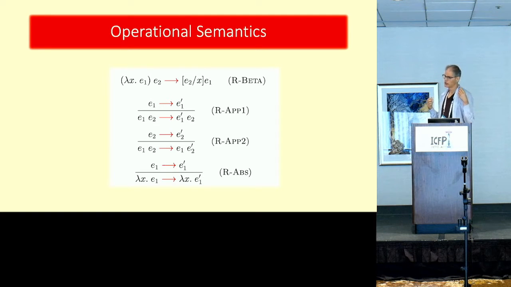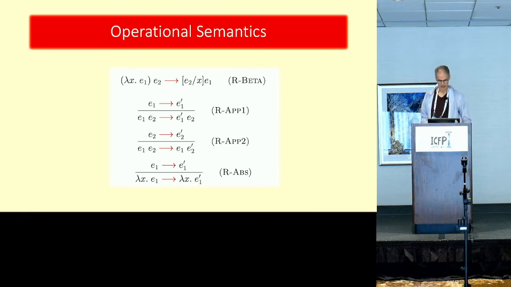Then we need some other rules to look inside of a whole program and find the place where there's an instance of the left-hand side of this R beta rule ready to go, and those rules are the application on the left and the application on the right.